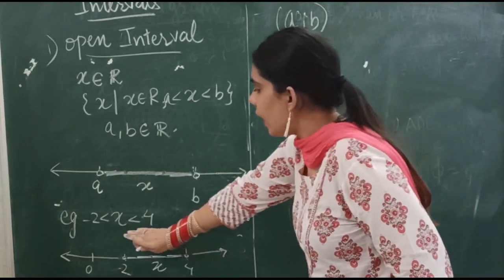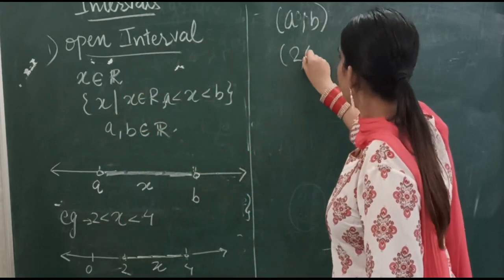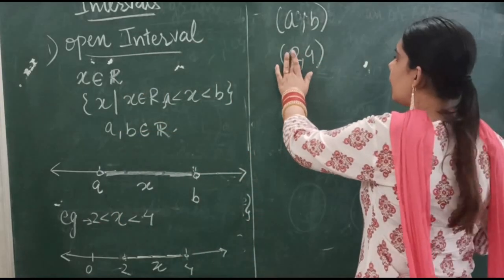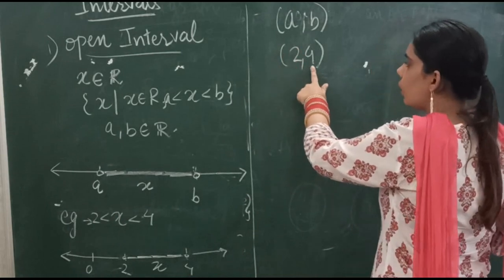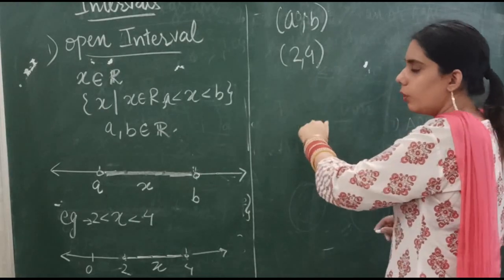It will mean that 2 and 4 are not included and the numbers between 2 and 4 are included.